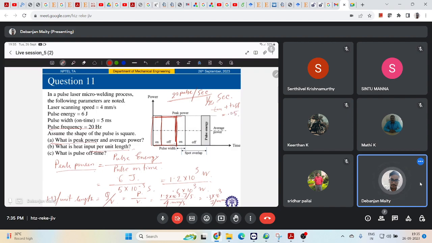Now what is t on? 0.005. Correct? So t off is coming as 0.045 second.